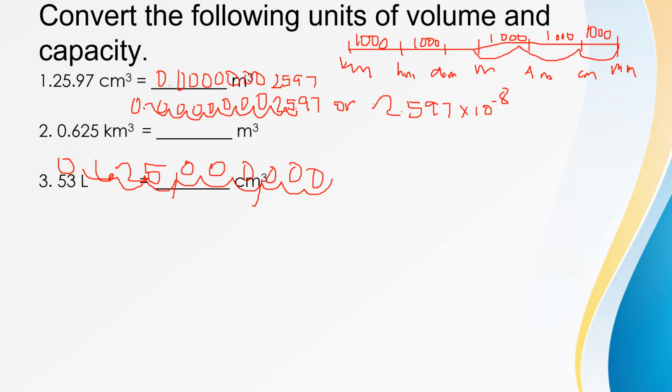Okay, so we have here 53 liters is equal to cubic centimeter. Now, we know that for 1 cubic, remember in the first slide, 1 cubic centimeter is equivalent to 1 ml.